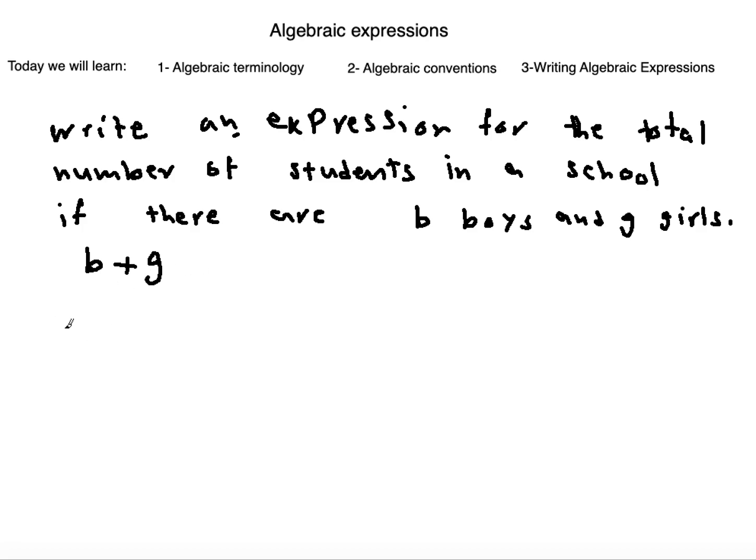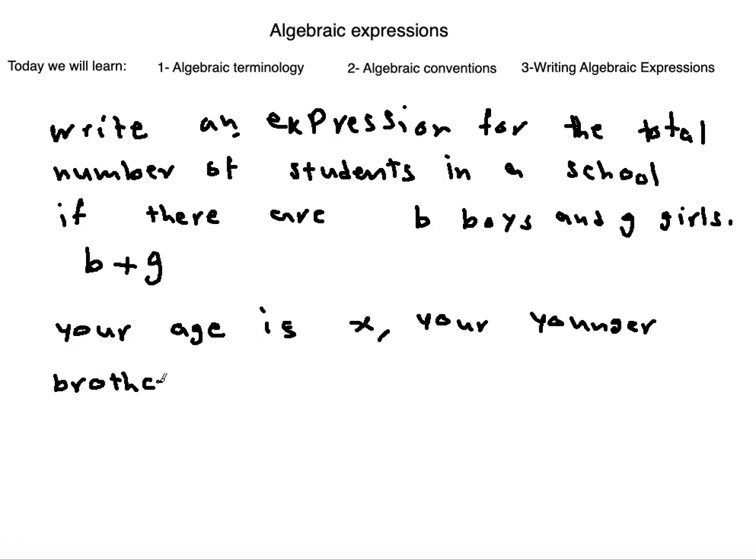Or, as another example, your age is X. Your younger brother is 3 years younger than you.